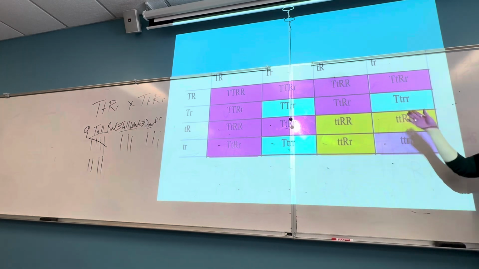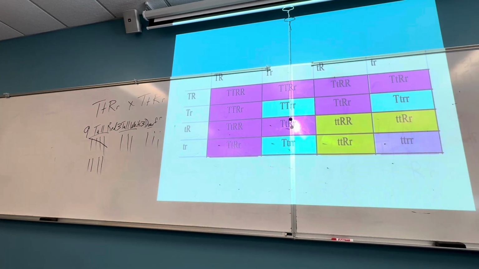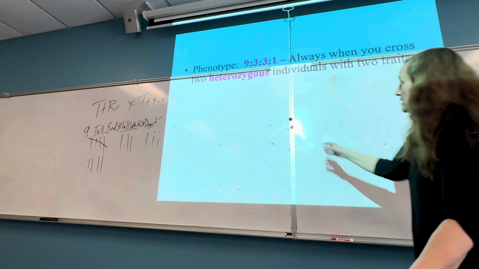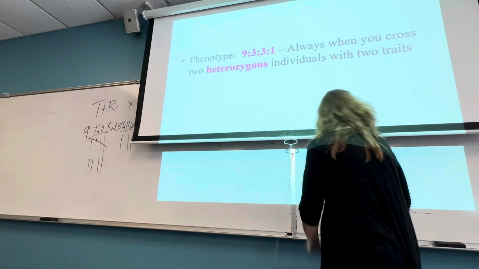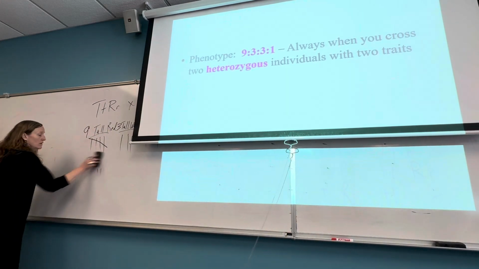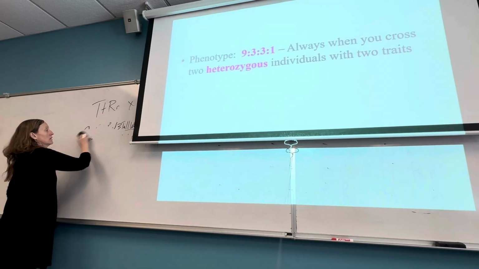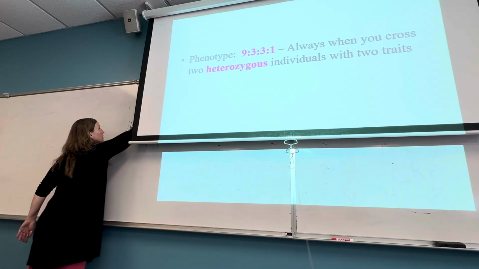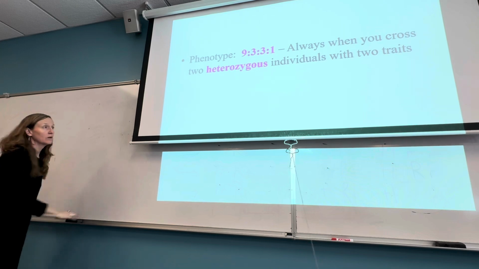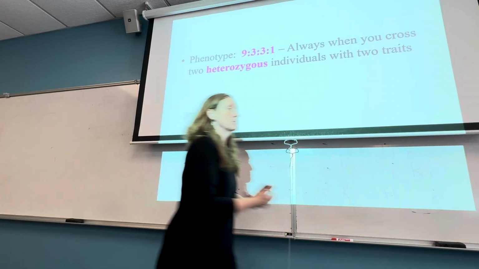You could color them and see the 9 to 3 to 3 to 1. So phenotype ratio of 2 parents heterozygous for both traits, 9 to 3 to 3 to 1, always. That's always going to be the case.